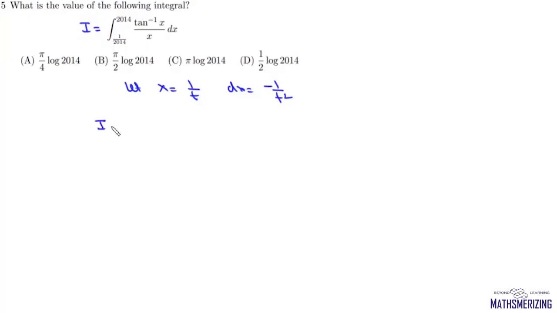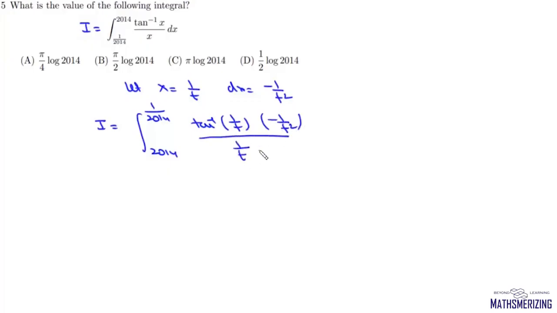So we can write this integral from 2014 to 1 upon 2014 of tan inverse 1 upon t, times minus 1 upon t square, upon 1 upon t dt. Now here t and t will cancel. Since there's a minus sign here, we'll change the limits from a to b to b to a.